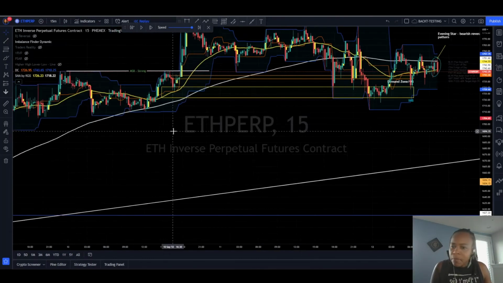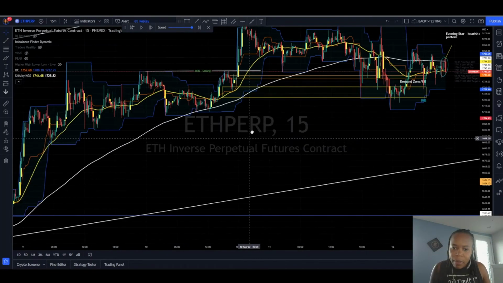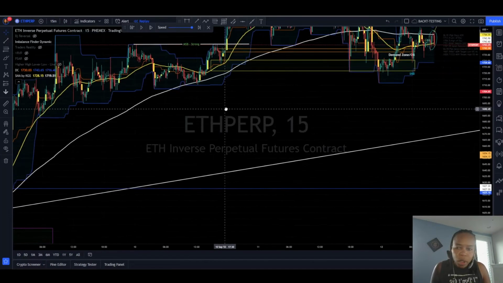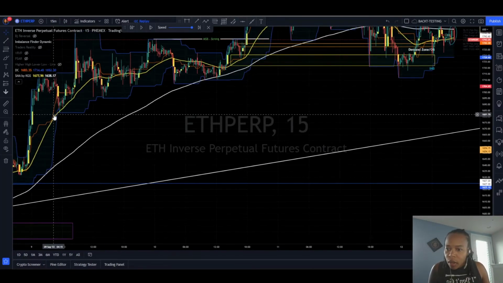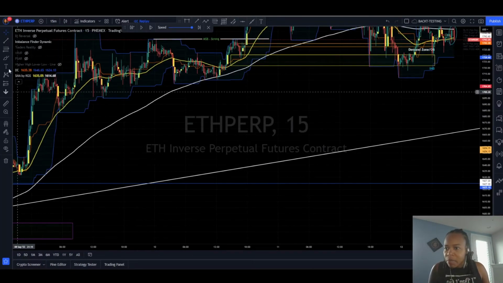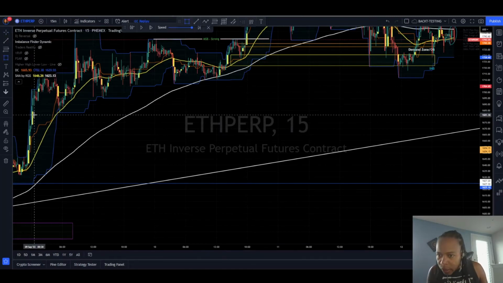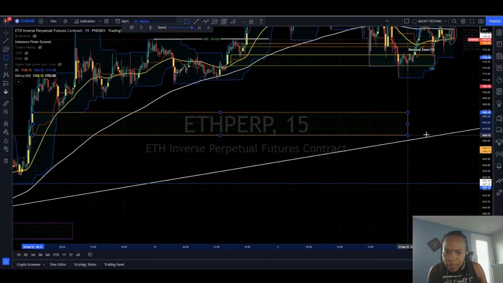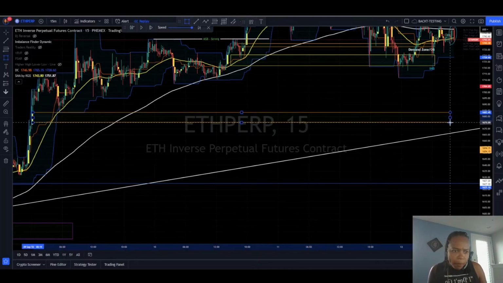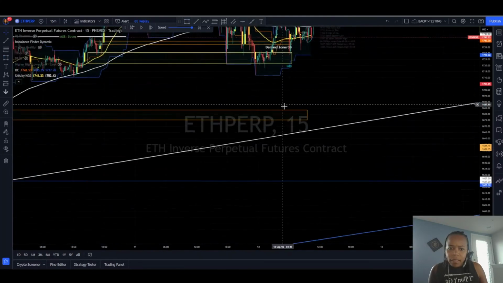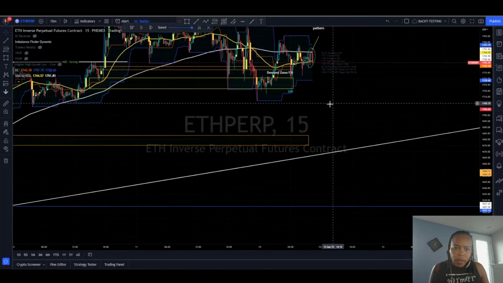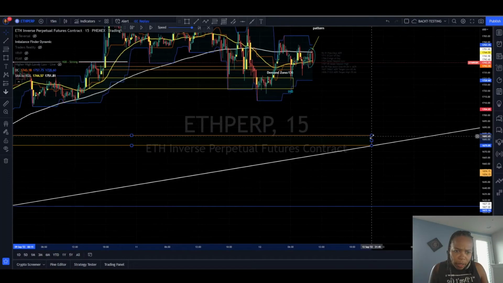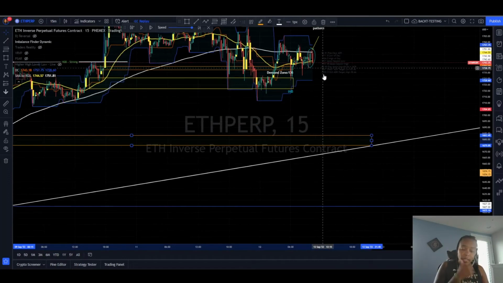They've already eaten that imbalance, so maybe that's not what they were aiming for. Is anything else lower down? Oh, look. Here's an imbalance that hasn't been eaten. Let's draw that out really quickly up to the point where they touched it and then ran smack dab away from it. All right. So here's a handy imbalance that they could run towards. That could be a target again if you were to take a short from here.